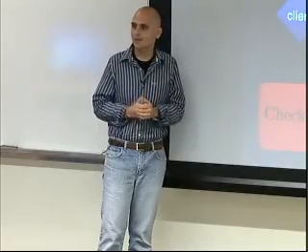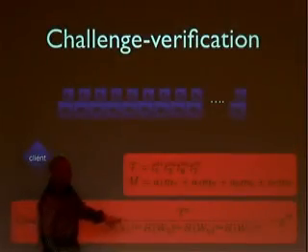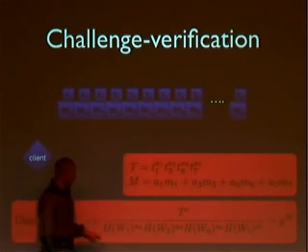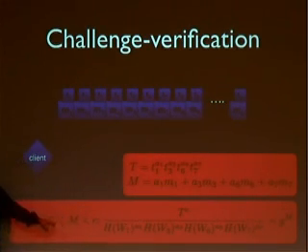Why do you have to check that M is less than E? Right, it's important because it happens in the security proof. If M is bigger than E, you can cheat.